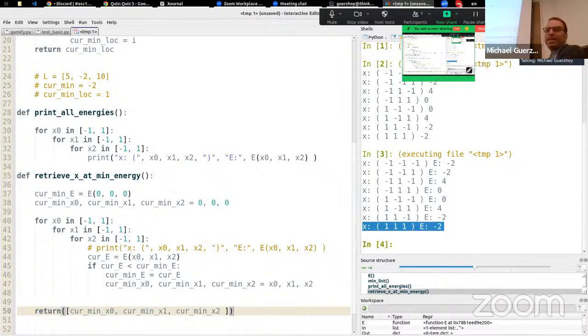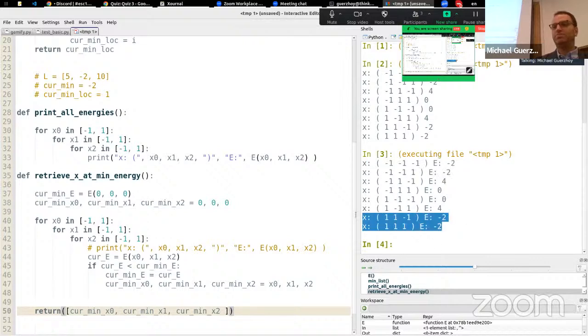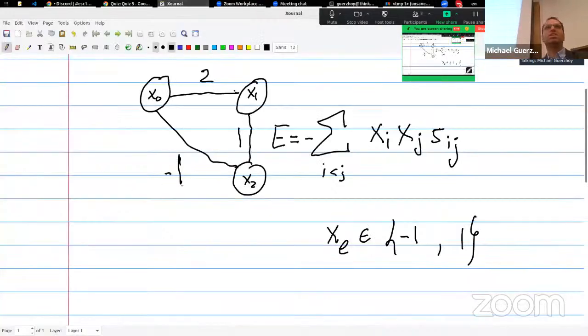So what we would say is that this network stores the data that correspond to the minima of the energy function. So this stuff and this stuff. So that's kind of cool, because what this means is that we used 3 numbers, right? So we used the 2, the 1, and the -1 in order to store 4 vectors of 3.